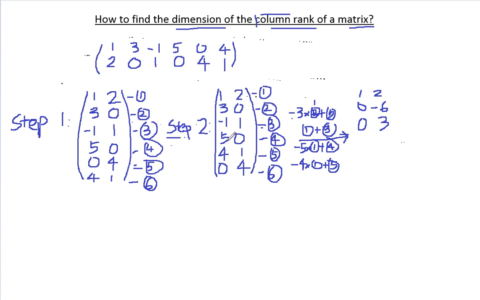For this, minus 5 times 1 equals minus 5, minus 5 plus 5 equals 0, and minus 5 times 2 equals minus 10, minus 10 plus 0 equals minus 10. For this, minus 4 times 1 equals minus 4, minus 4 plus 4 equals 0, and minus 4 times 2 equals minus 8, minus 8 plus 1 equals minus 7, and this one again is 0 4.